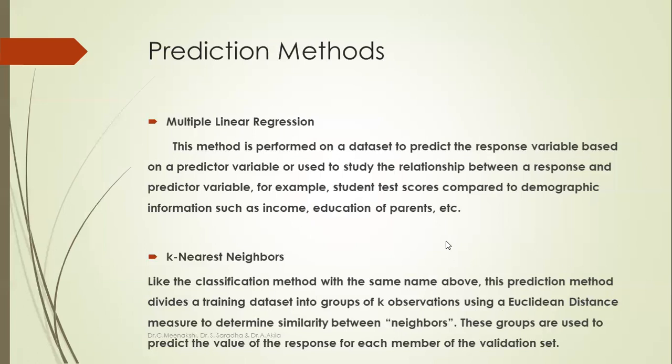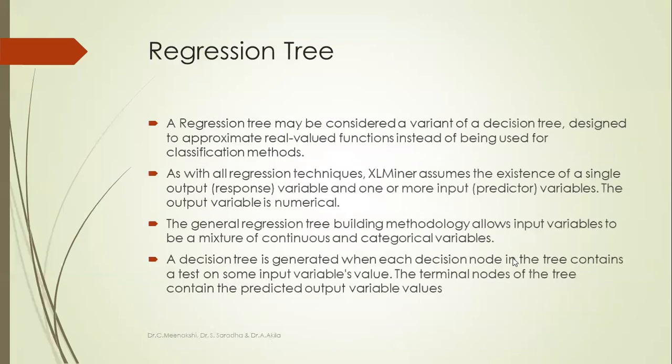For example, Euclidean distance involves two variables, X and Y, and I find the difference between them, like X squared minus Y squared, and so on. Like this, I find the Euclidean distance, and then these groups are used to predict the values of the response for each member of the validation set.